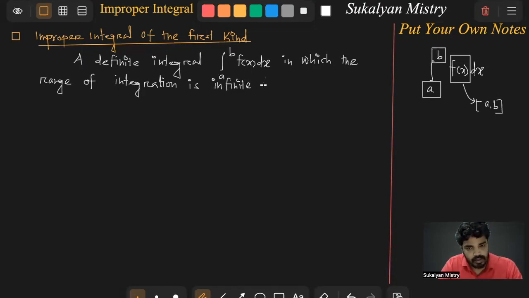That is, a is minus infinity or b is infinity or both.